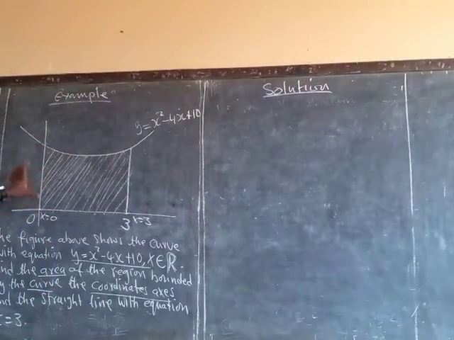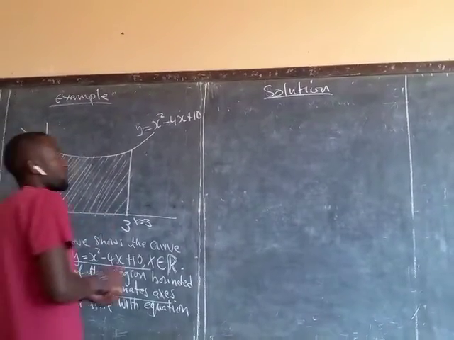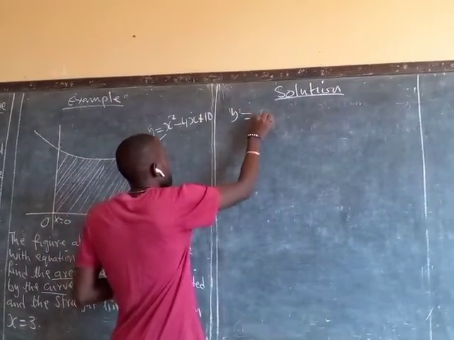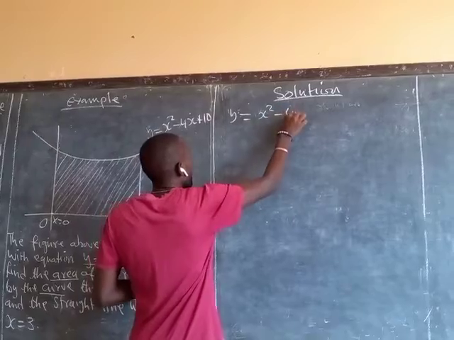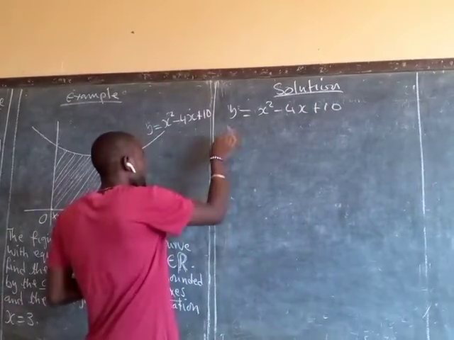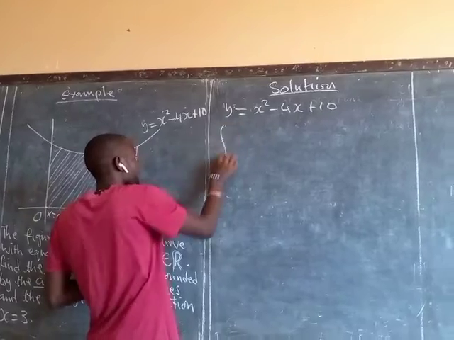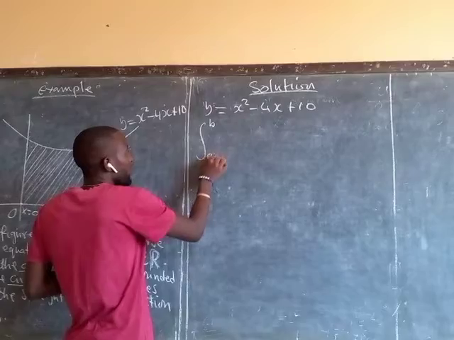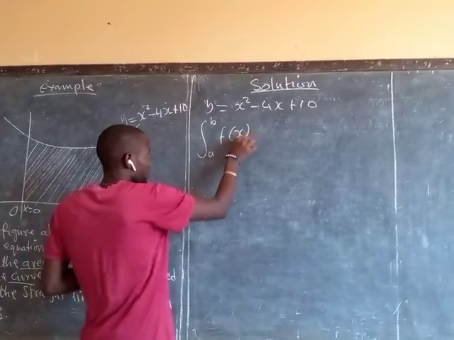The solution for the example given. We know that y is equal to x squared minus 4x plus 10, and we should know the formula: the integral from the lower limit a to the upper limit b of f of x dx.